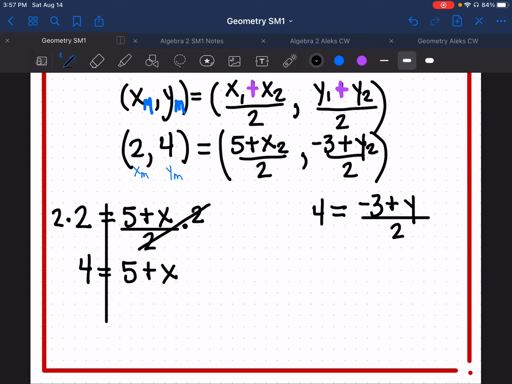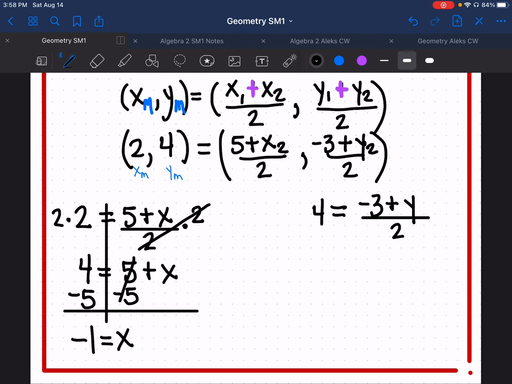So I'm going to subtract the 5. Remember, when you eliminate, you're doing it from one side to the other. When you combine, you're doing it on the same side. So just a reminder, 4 minus 5 would be -1, and here is the value of my x endpoint.